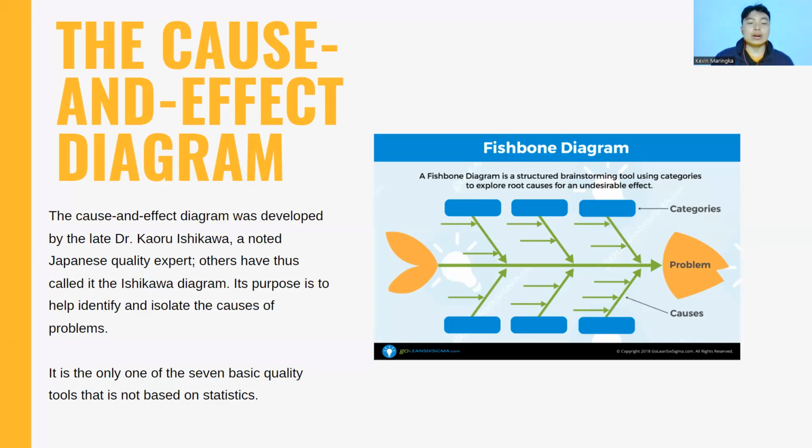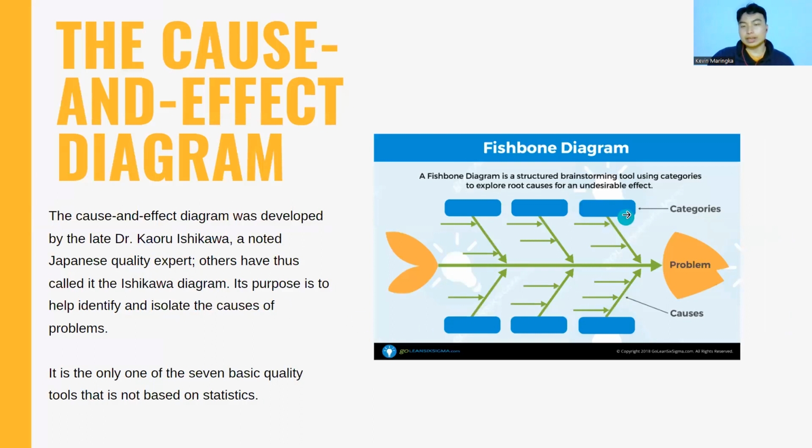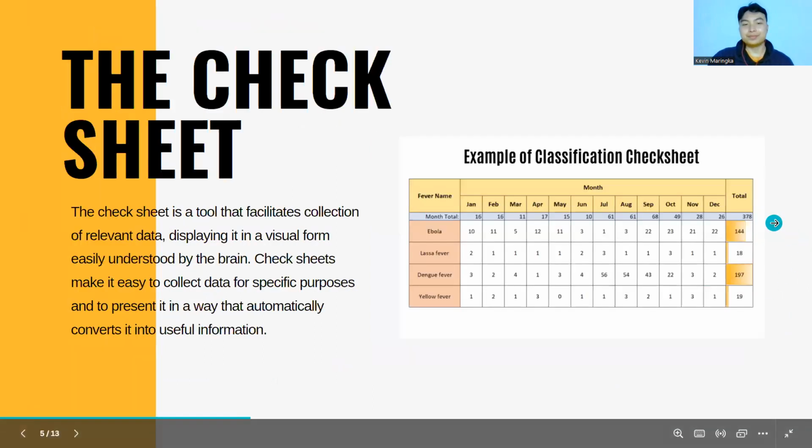It is the only one of the seven basic quality tools that is not based on statistics. Like the name suggests, it's a diagram that can help us see the causes and the effect that they will bring. This is an example of it. By the way, it's called a fishbone diagram because, as you can see, it looks like a fishbone.